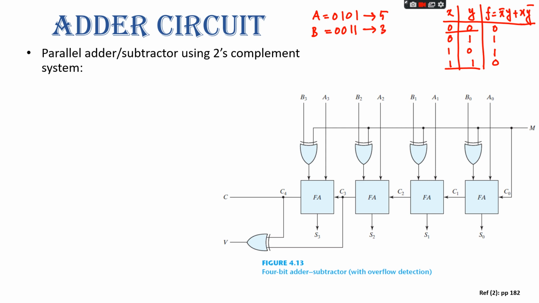So now if we need to add them together, suppose A is my number 0 1 0 1 and B is another number 0 0 1 1. If we add them, what should I get? 0, carry will come here, again 0, this carry will come here, again 0, and then it should be 1. This gives you 8, right?